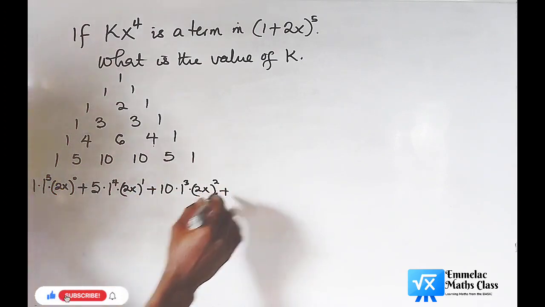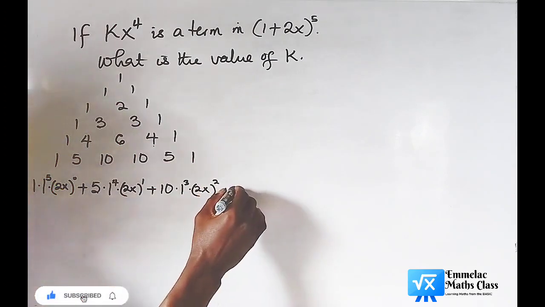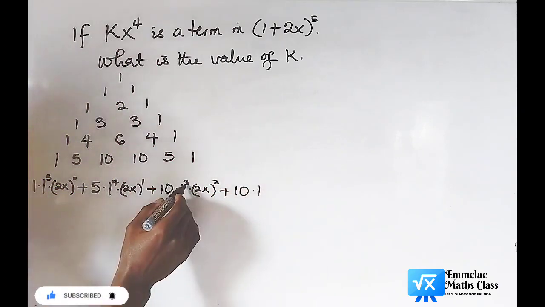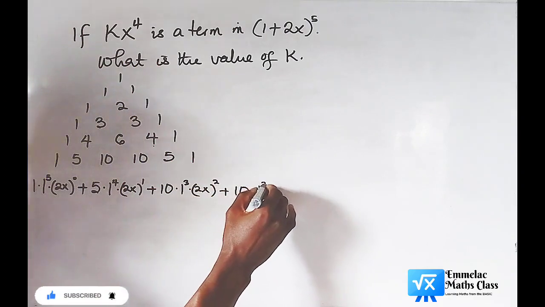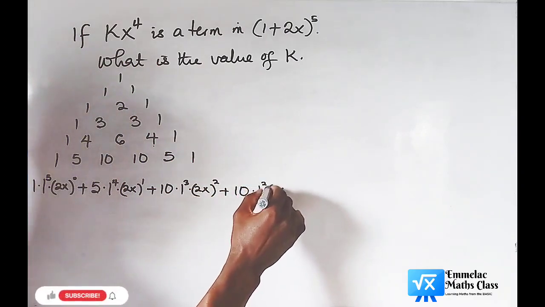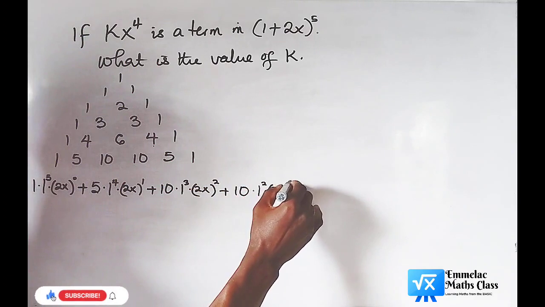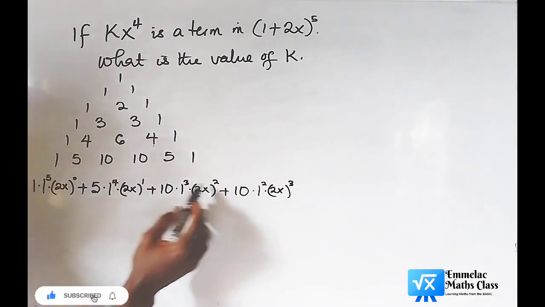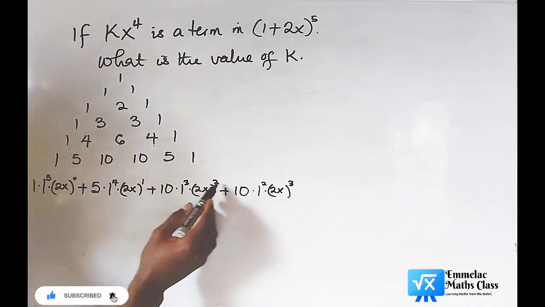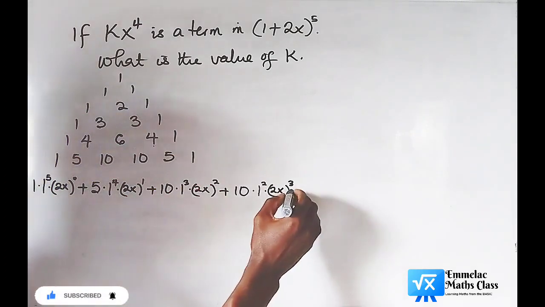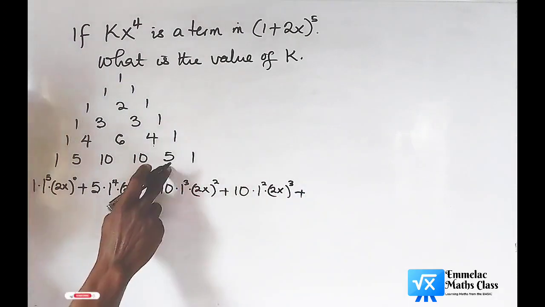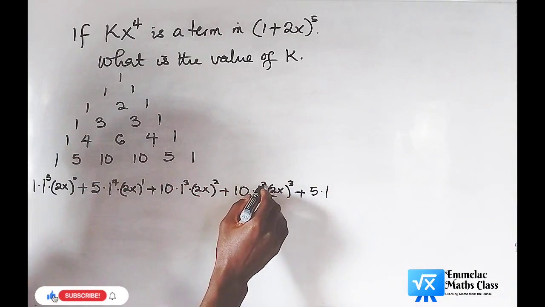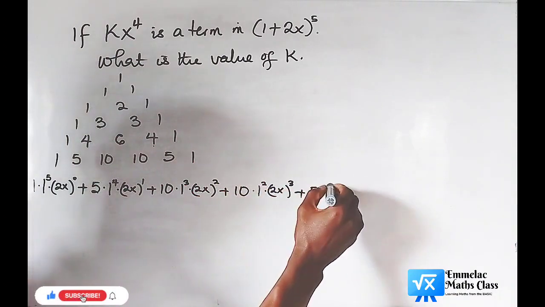Now we continue. The next term here is 10. Okay, now times 1. Now you can see 3 will now reduce to 2 times 2x raised to the power of 3. Okay, you can see this is 0, 1, 2, 3. Then plus. The next term is 5. Now times 1 raised to the power of, this is 2 here, this one becomes 1.